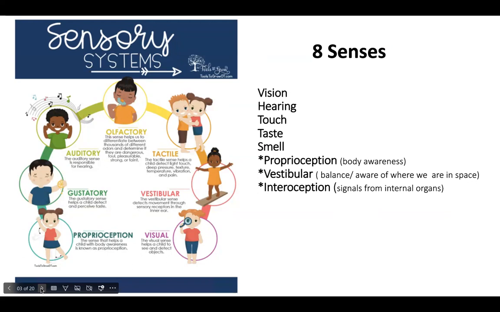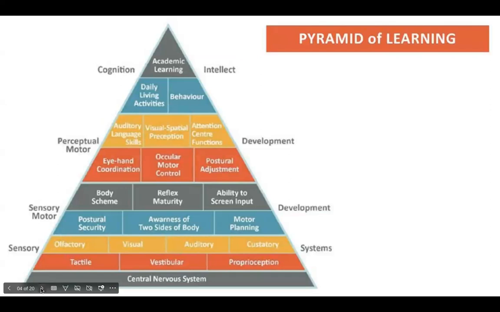It tells us about balance and where we are in space. And then interoception, which is the signals we get from our internal organs. I'm hungry, I have to go to the bathroom, I'm hot, I'm tired. You can see how these things would really impact your behavior and your ability to successfully engage in some of your activities.